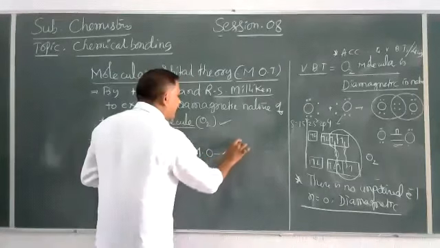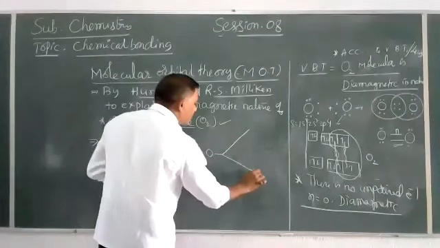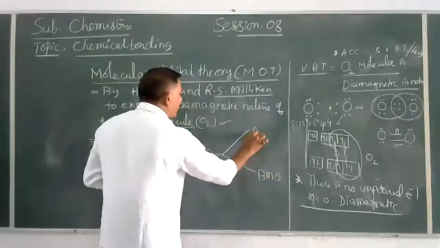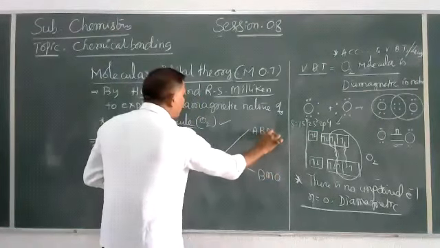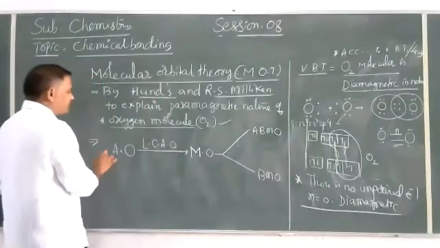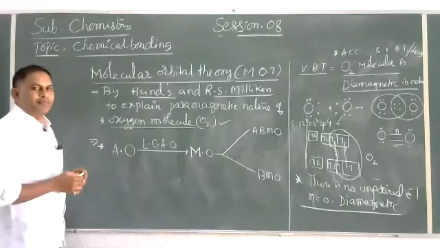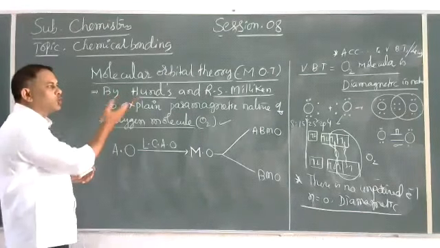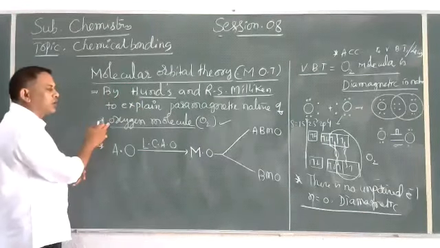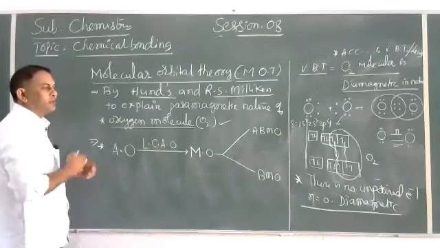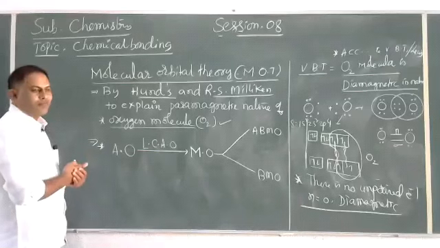On the basis of their energies, there are two important types: bonding molecular orbitals and anti-bonding molecular orbitals. According to MOT, this explains the magnetic properties of the molecule, either paramagnetic or diamagnetic.